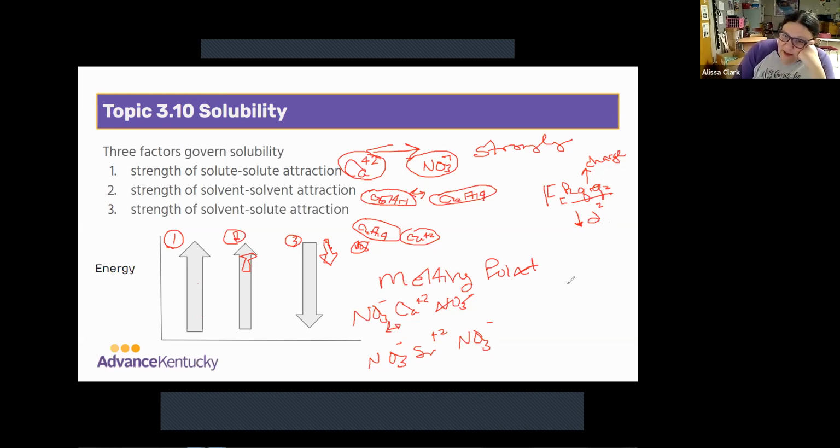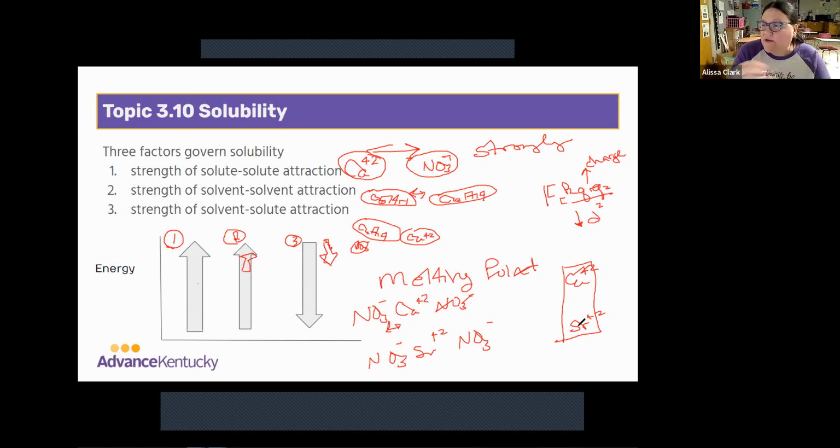What's going to be different is the distance between the point charges. If we think about the periodic table, calcium is closer to the top, strontium is farther to the bottom, which means strontium has more energy levels containing electrons. And so it's going to be a larger volume ion. The distance between the center of the point charge of the strontium and the center of the point charge of the nitrate is going to be more.